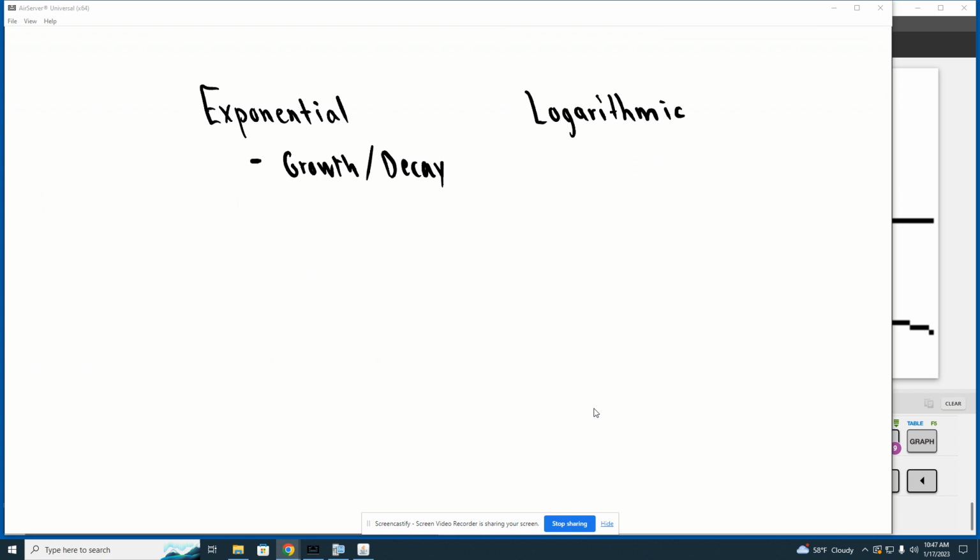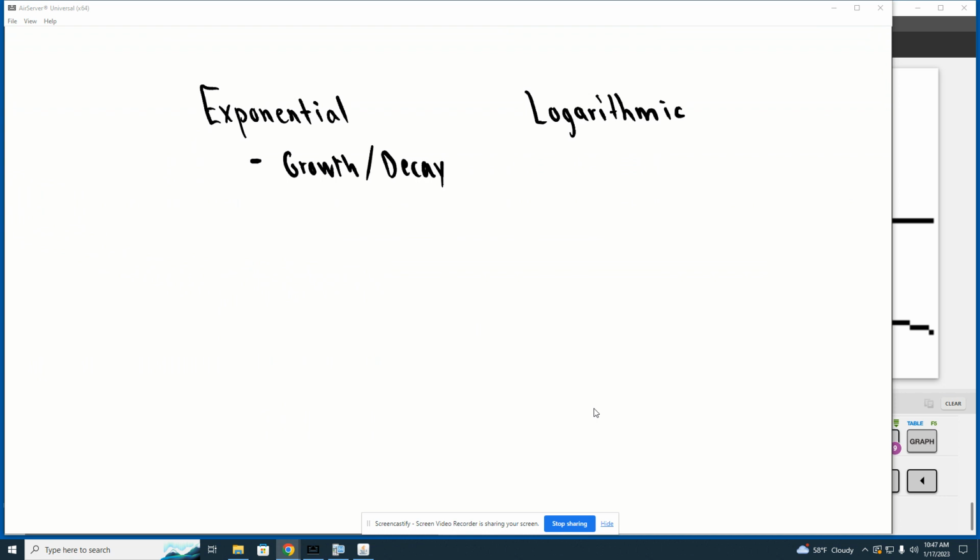Y'all remember? Your exponential function could not cross your asymptote. Do you remember what kind of asymptote it was? Yeah, there's actually more than two types of asymptotes, and this was one of the types.